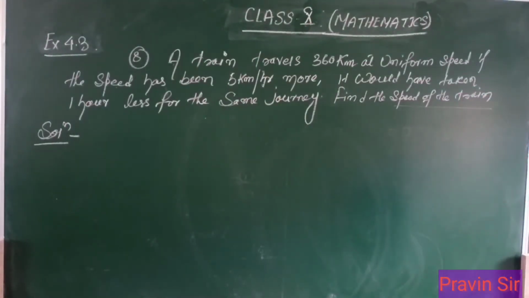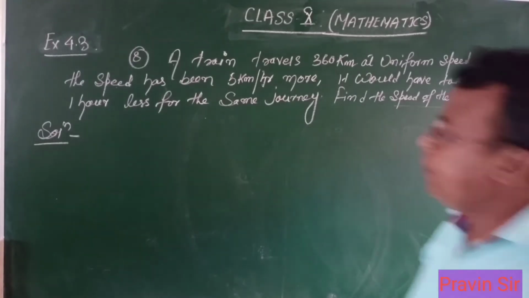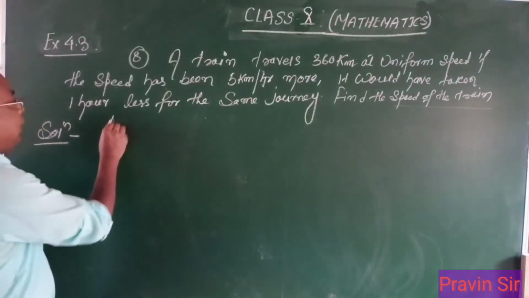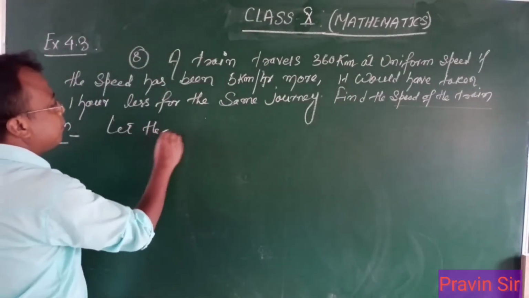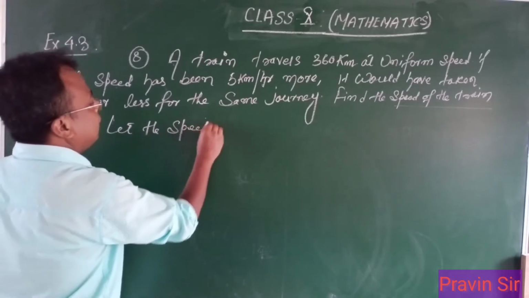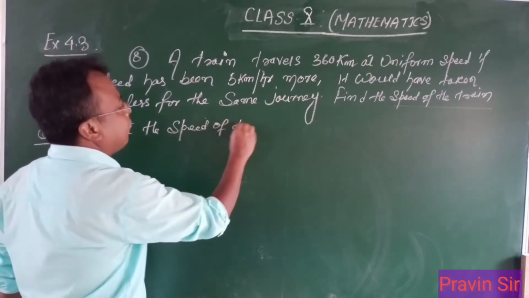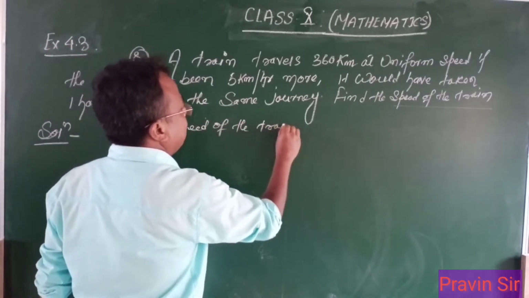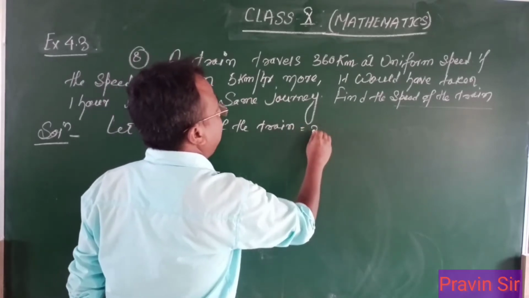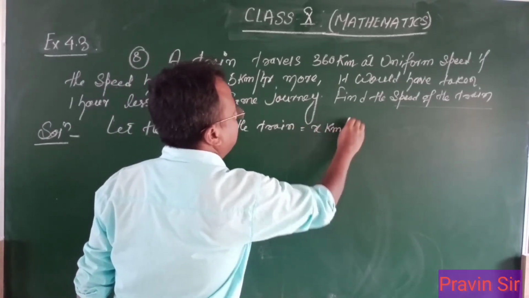So whenever you are getting the question of speed, distance and time, first of all you find out the time. Okay, and you suppose the speed be x. Now you see, let the speed of the train is equal to x km per hour.